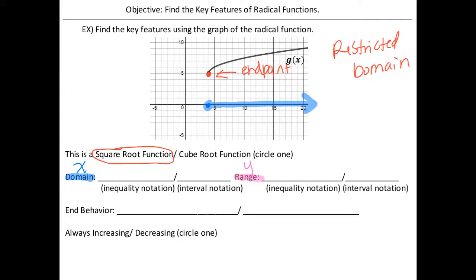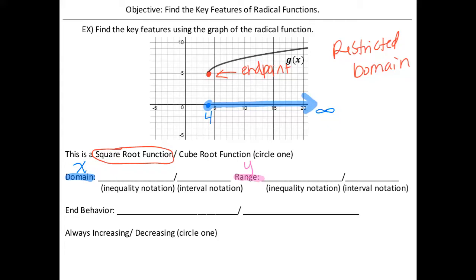It went to the right, so I'm highlighting the right side of the x-axis. Then I need to figure out the value. So that value right there for my endpoint is, what value is this here? Can you guys tell what value that is? It's a 4. Good. And then it goes on forever to the right, which is which infinity? Positive or negative? Positive infinity.